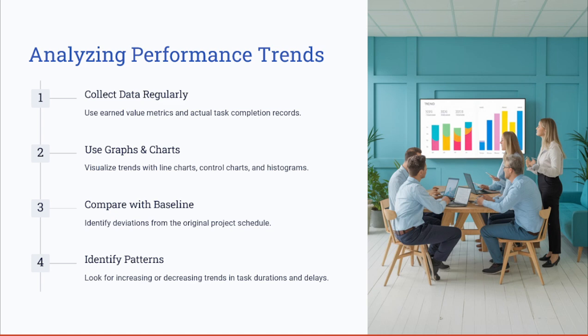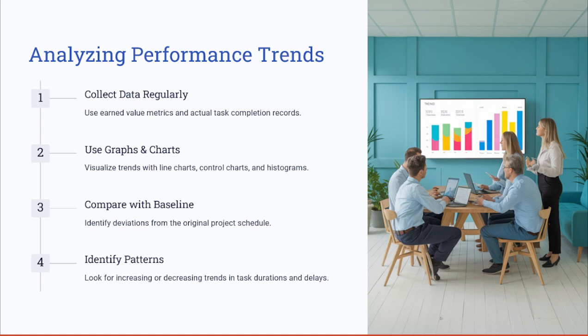But how do you conduct a trend analysis? First, you start by collecting the data regularly. You can use the earned value metrics and actual task completion records. You can also use graphs and charts like line charts, control charts, and histograms to visualize the trends.